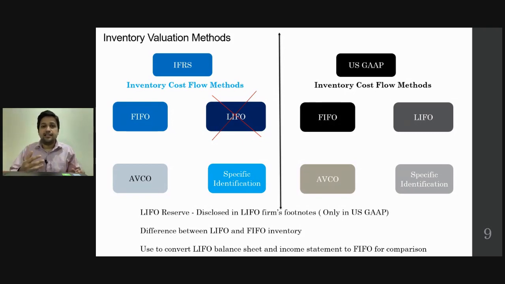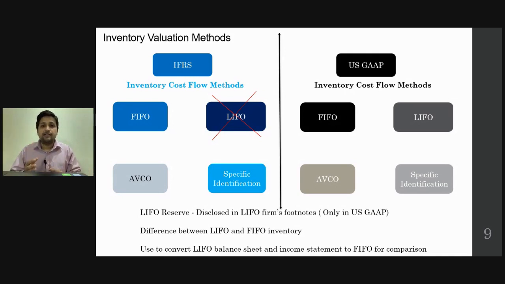Therefore, analysts need to pay particular attention to valuation of inventories. There are usually 4 methods of inventory cost flow methods available to value the inventories in the balance sheet, which are first in, first out, last in, first out, average method, and specific cost identification.